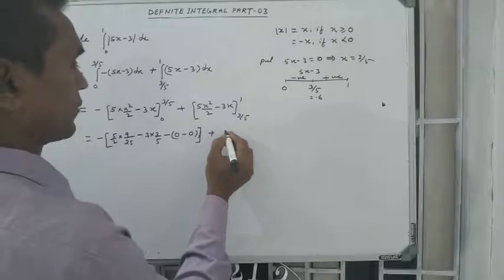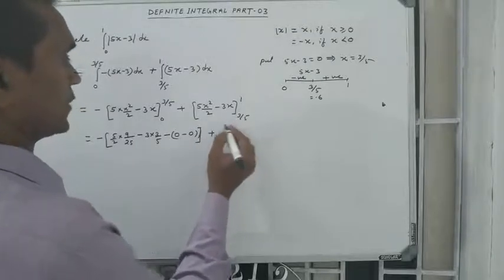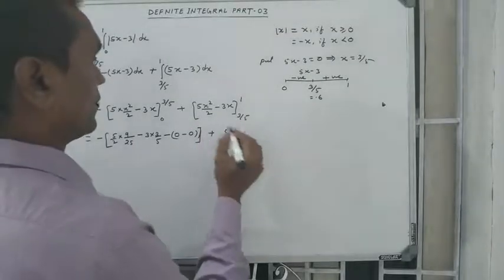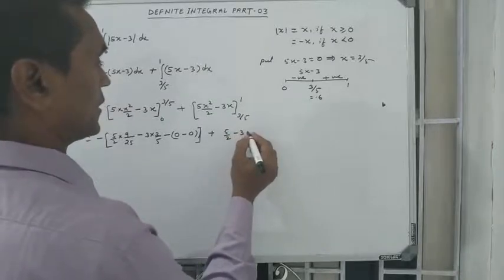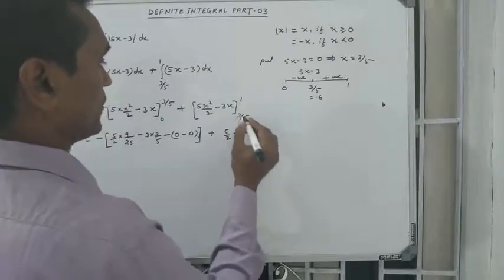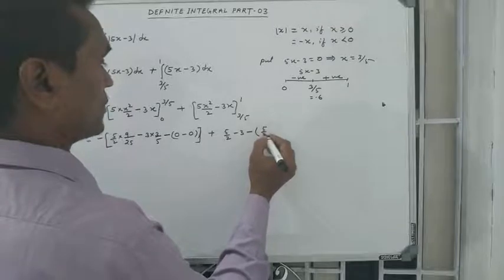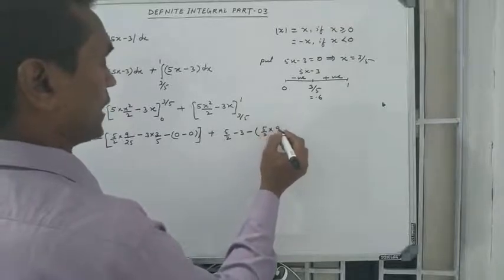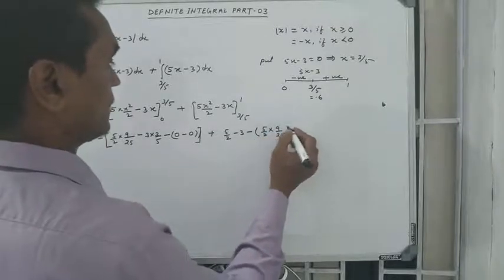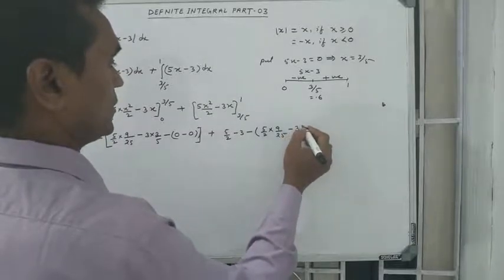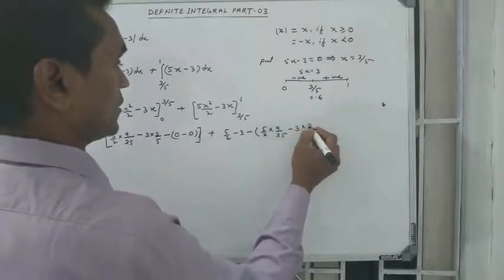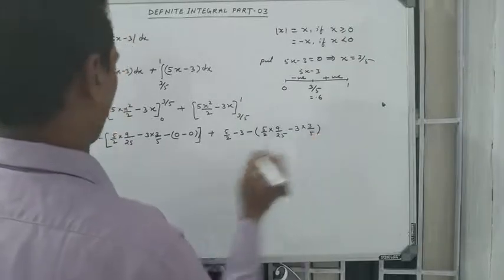Plus here 5 by 2, when you put x equals 1, 5 by 2 minus 3, and then minus sign 3 by 5, 5 by 2 into 9 by 25 minus 3 into 3 by 5.